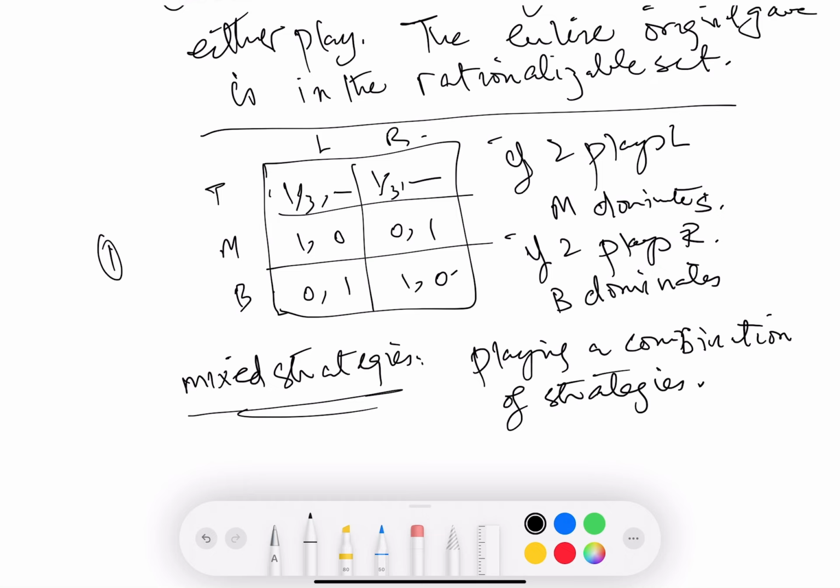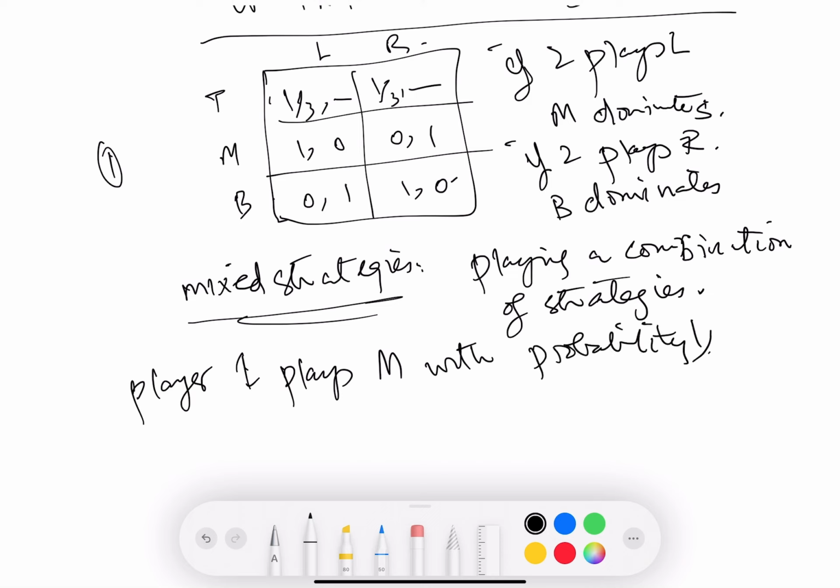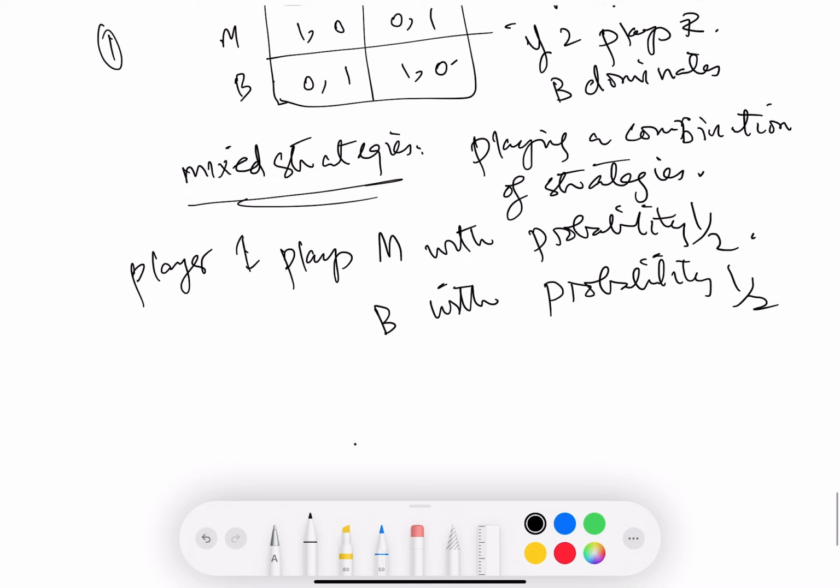Okay? And what I mean by that is the following. How about player 1 plays M with probability 1/2 and B with probability 1/2. And I'm going to follow the notion of expected values. So this is expected utility, we know how to calculate expected utility.